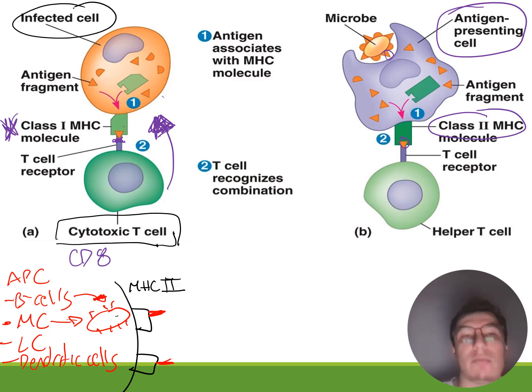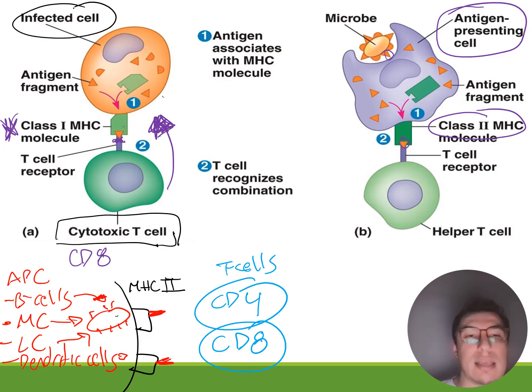But nonetheless, it will use that MHC2 receptor to cause the stimulation of those other cells. This one's the same. Now, once we have that, then we have a series of T cells. We have CD4 and we have CD8.